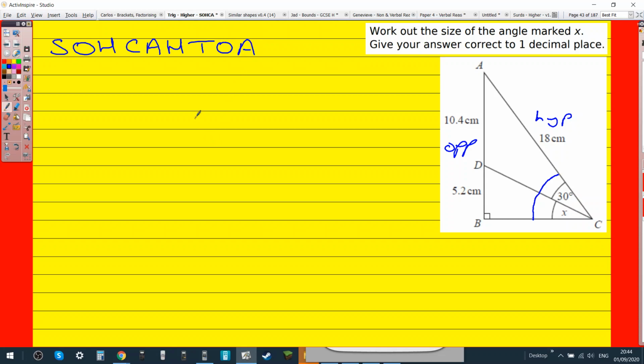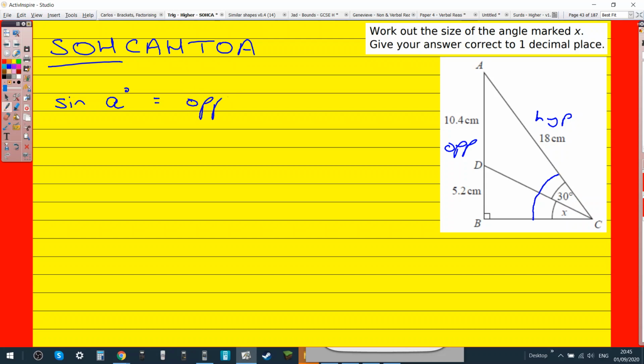So this one would be sine. So it would be sine x equals. Hang on, sine of the angle. Formula. Okay. So would it be 15.6 over 18?